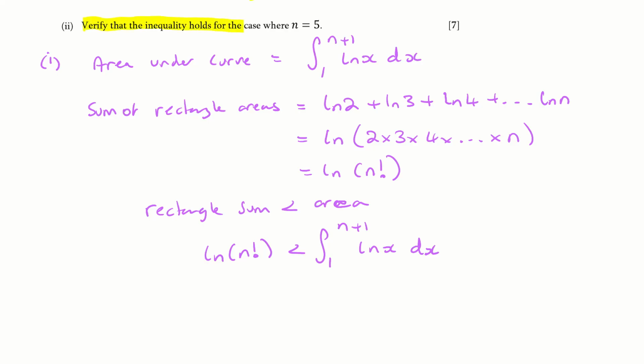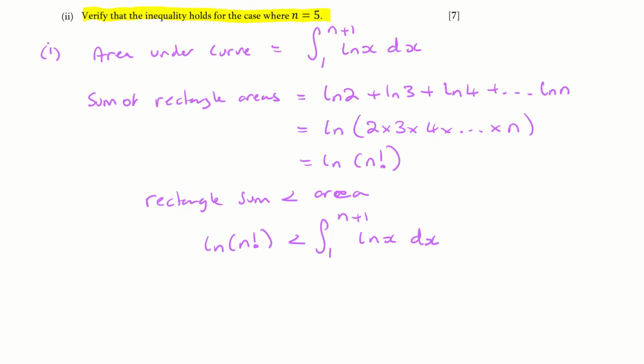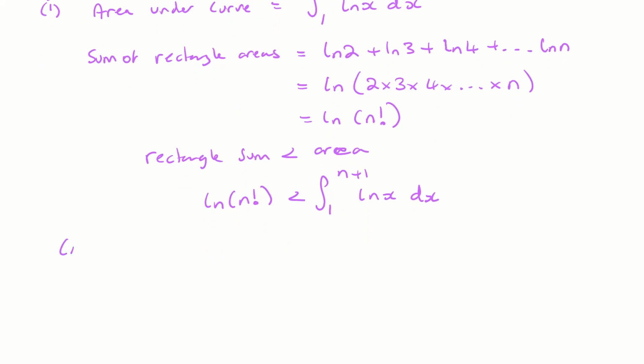Verify that the inequality holds for the case where n equals 5. So we can just calculate ln of 5 factorial, and that comes to 4.787, and we can do the integral from 1 to 6 of ln x dx.